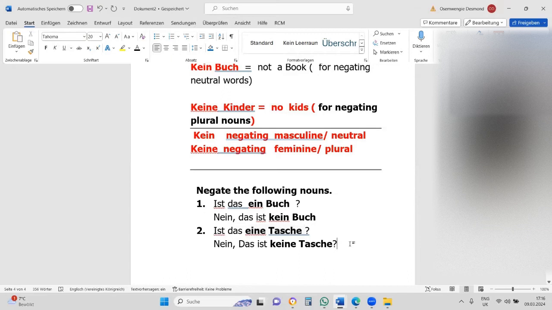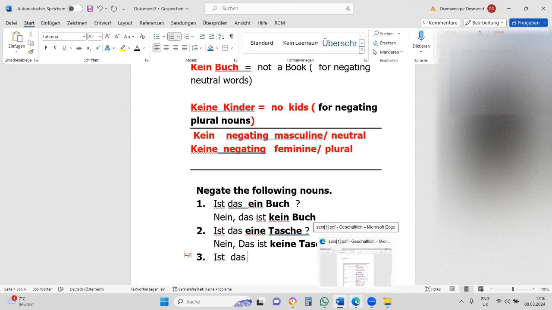All right, Chuka, would you mind trying this? I'll ask you, ist das ein Tisch? Tisch means table. Assume that someone asks you, oh Chuka, look at this.